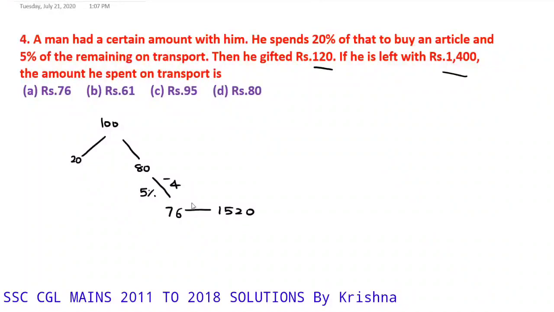So the 4 units of amount he has spent on transport is equivalent to 80 rupees on transport. So 80 rupees has been spent on transport.